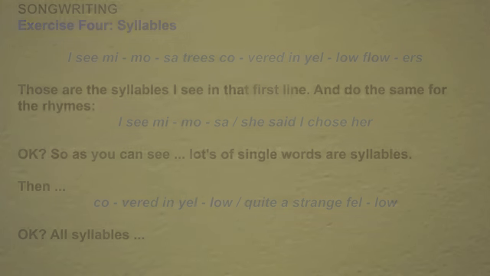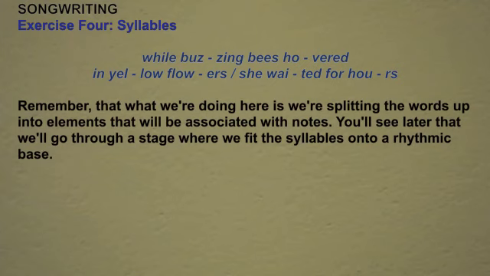Okay, all syllables. While buzzing bees hovered. Remember that what we're doing here is we're splitting the words up into elements that will be associated with notes. You'll see later we'll go through a stage where we fit the syllables onto a rhythmic base.